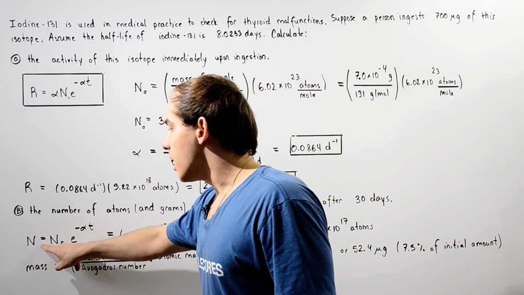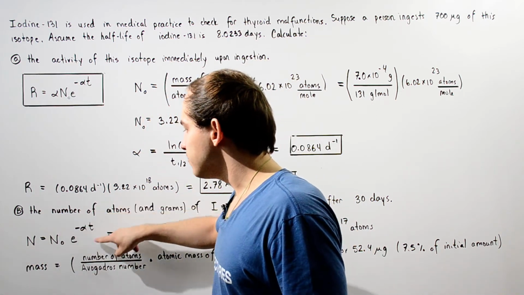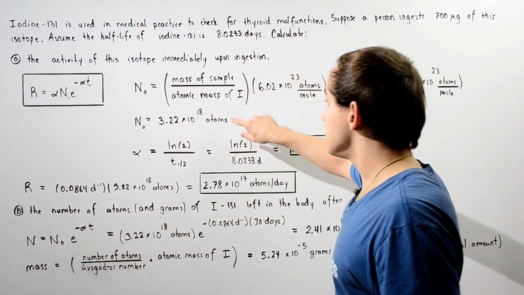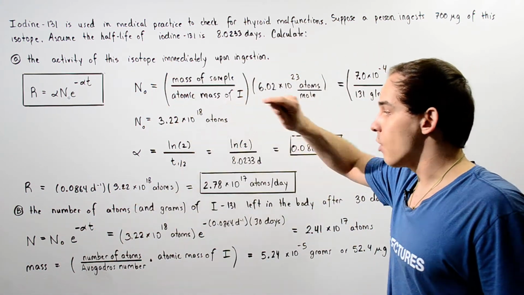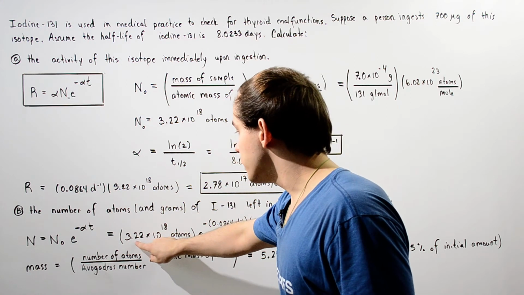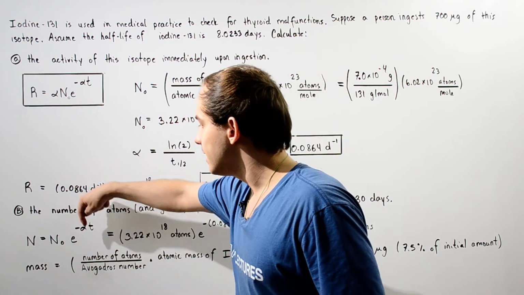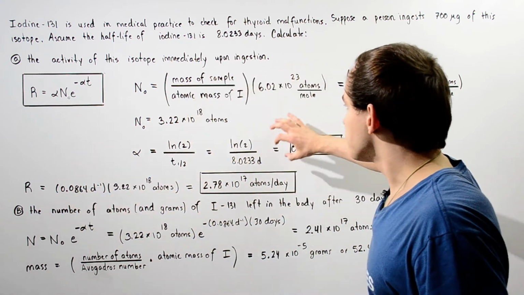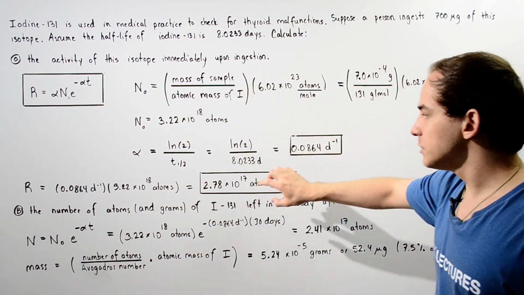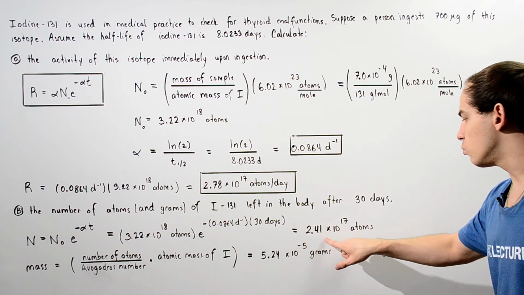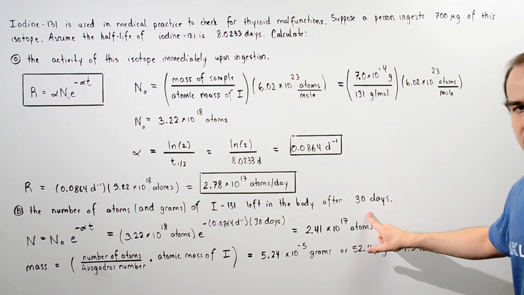The number of atoms N at some time is given by this equation, where N naught is simply the quantity we found in Part A. So 3.22 times 10 to the 18 atoms multiplied by e to the negative alpha, so negative this multiplied by 30 days, and we get 2.41 times 10 to the 17 atoms.